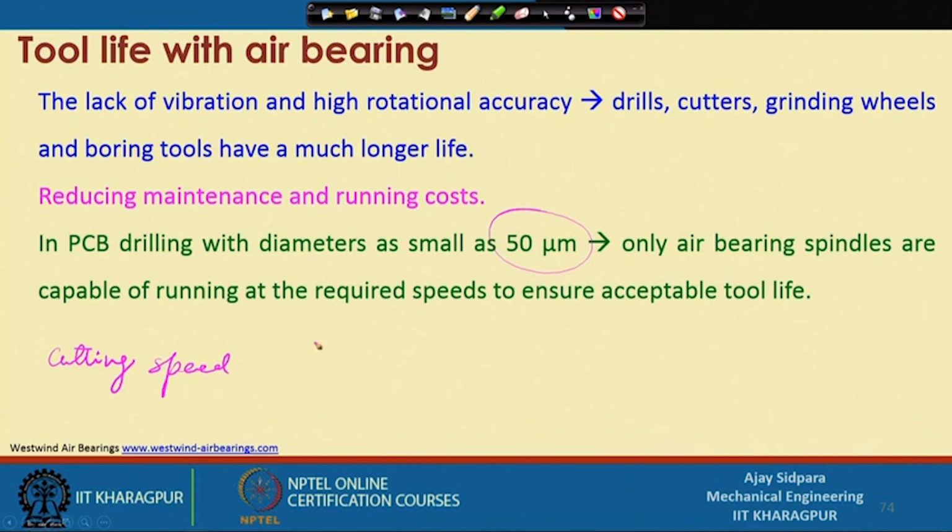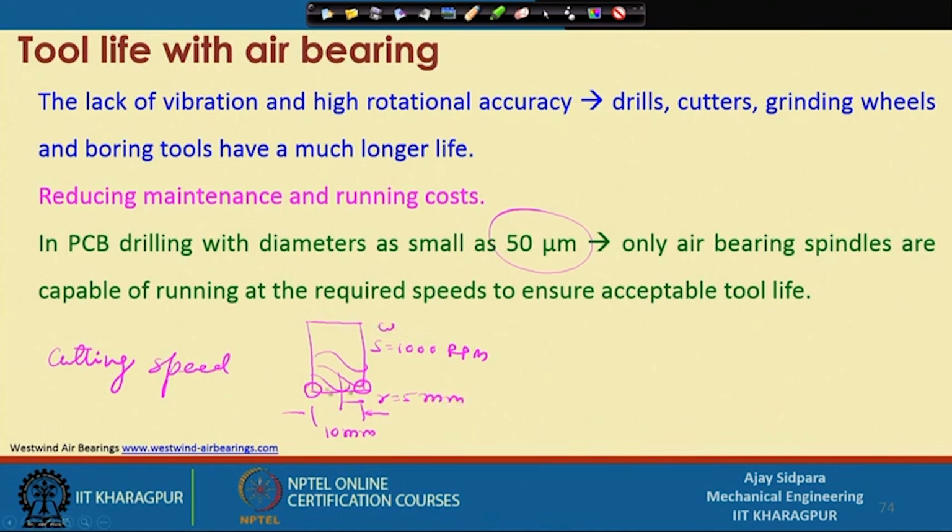Right. So, now consider this is the diameter of one of the tools, a diameter of 10 millimeter, rotating at a speed of 1000 rpm. Consider these are the edges. So, the radius r is 5 mm, and this is the omega.